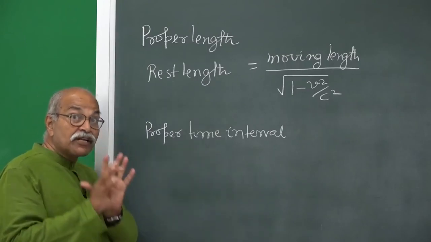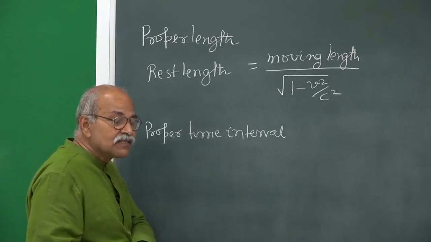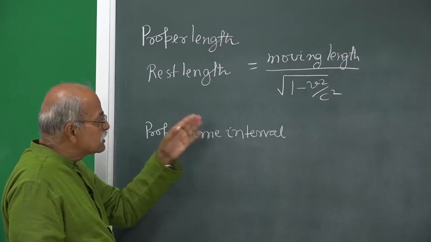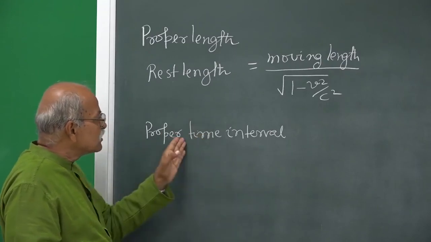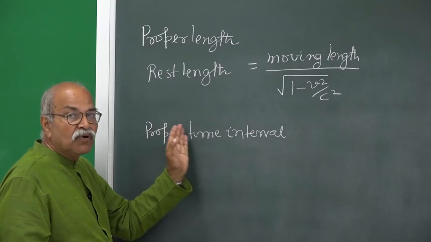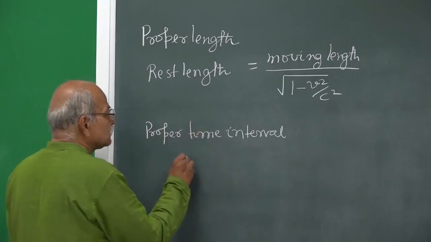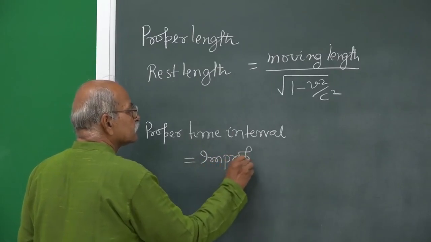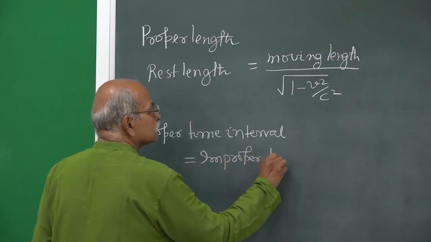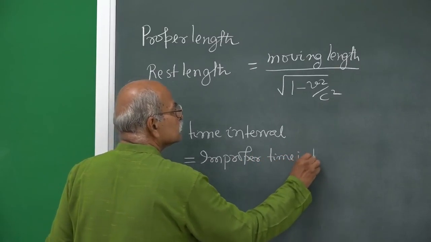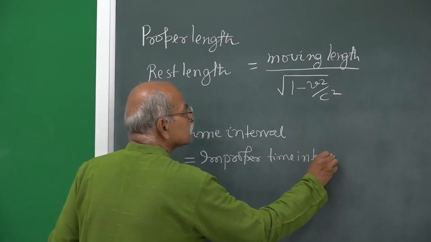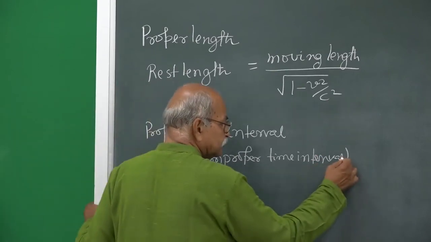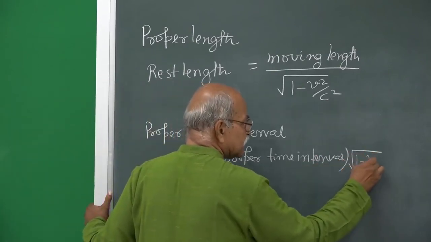If you are able to find such a frame, then the time interval between those two events measured in that frame is called the proper time interval, and this is the smallest among others. So, this is the improper time interval, and then multiplied by square root 1 minus v square by c square.